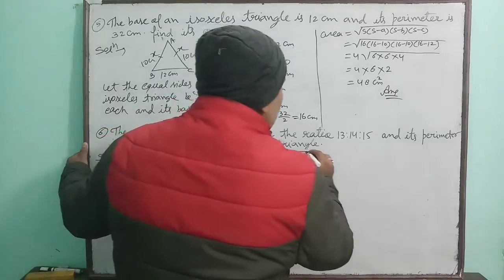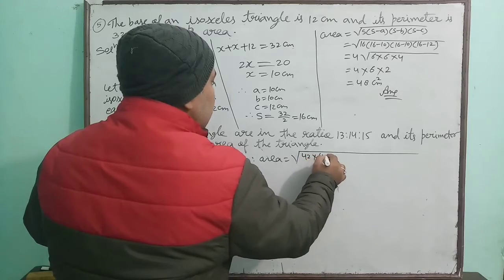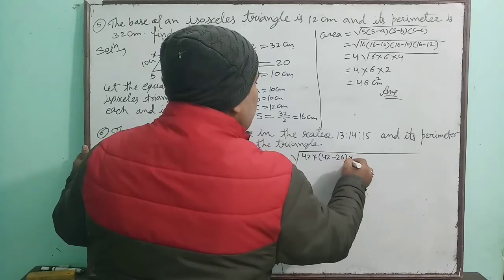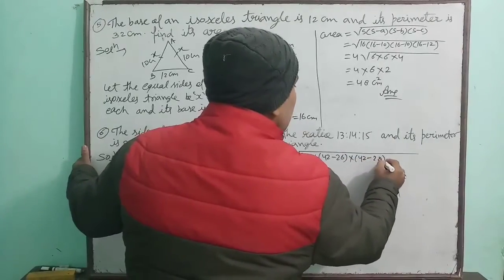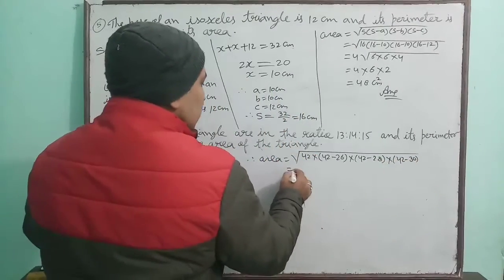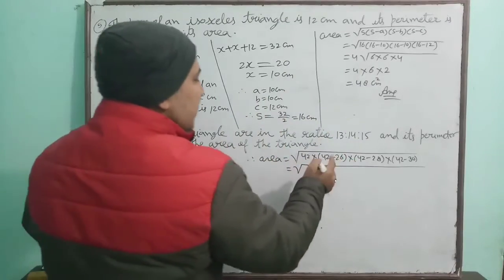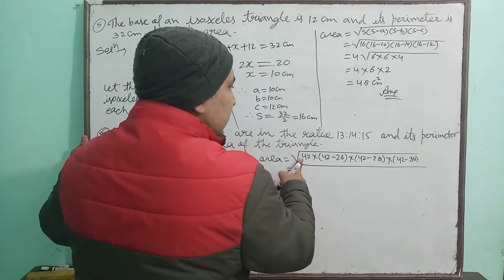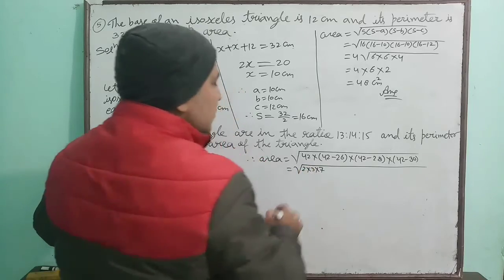Now apply the formula for area. Square root of S, which is 42, into S minus A, which is 26, into S minus B, which is 28, into S minus C, which is 30 here. Now see children, find the prime factorization of all the numbers. 42 is 6 into 7, so we can write it as 2 into 3 into 7.